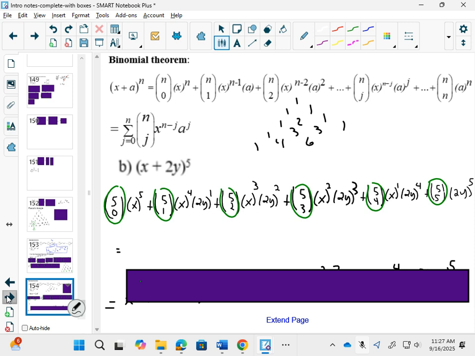I'm going to go to the row that has 6 terms, write it in green. And I could have written those instead.